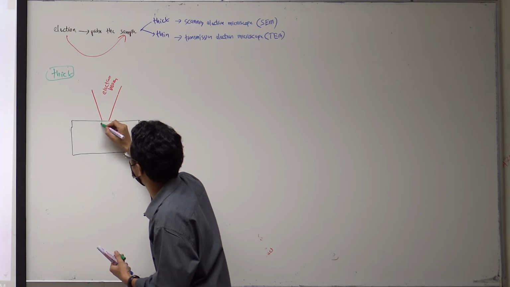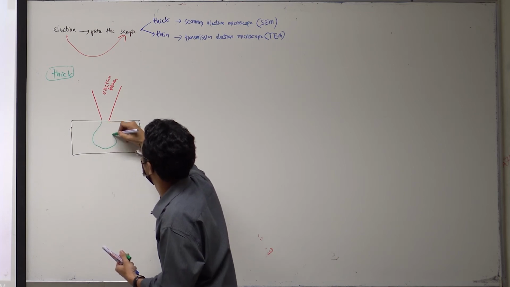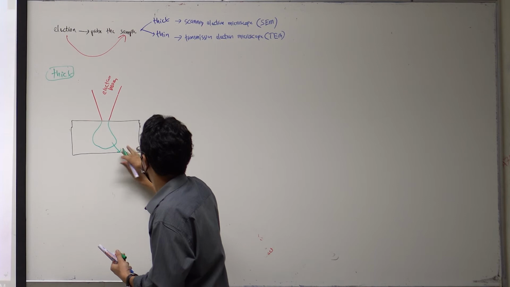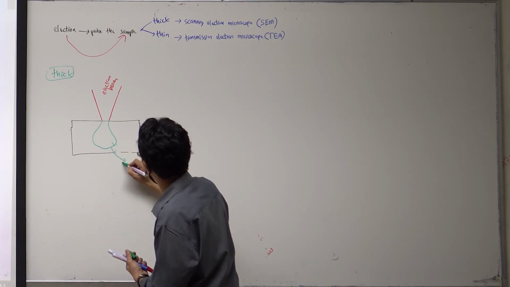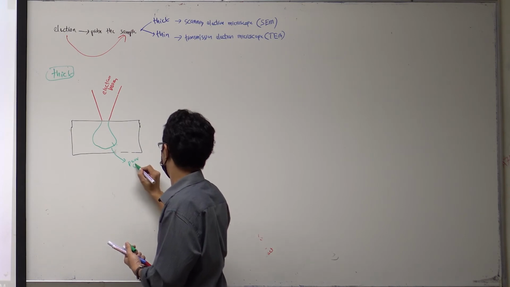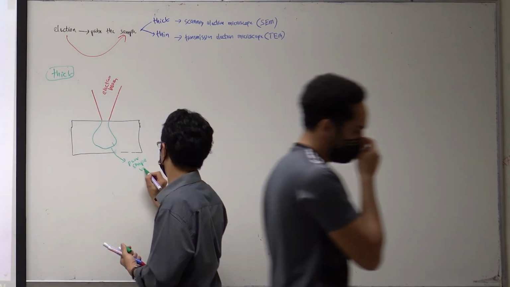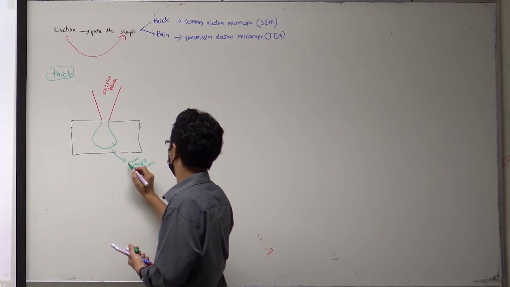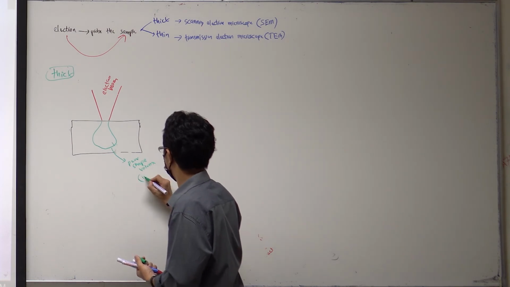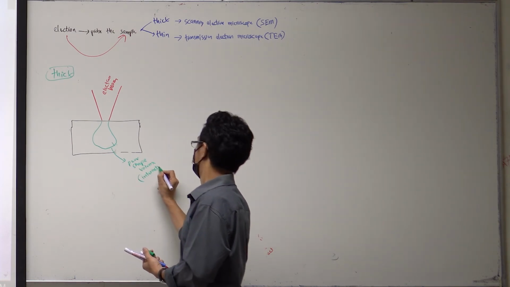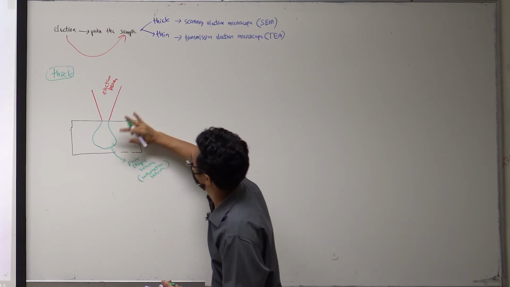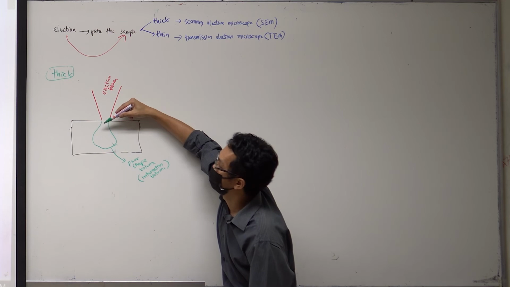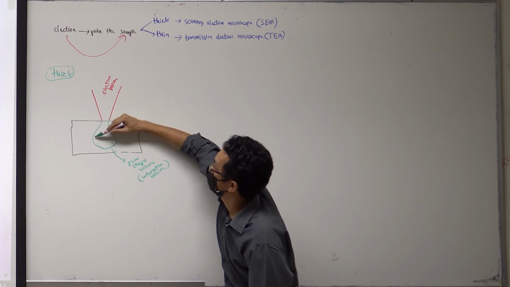Basically, it will create a pear-shaped volume, which people call the interaction volume. This just shows how the electron interacts with the sample itself.